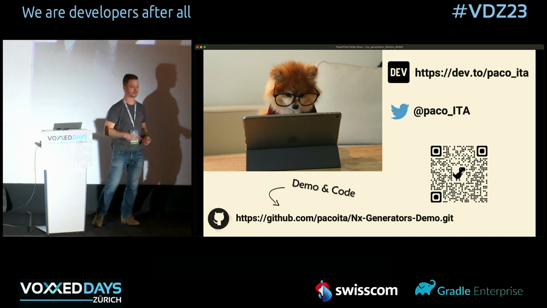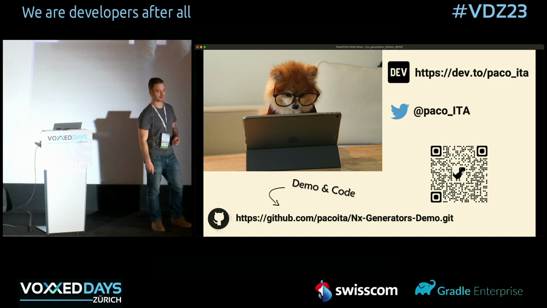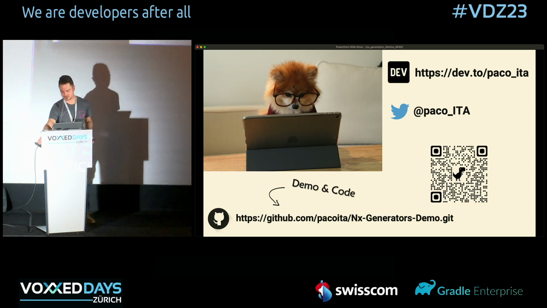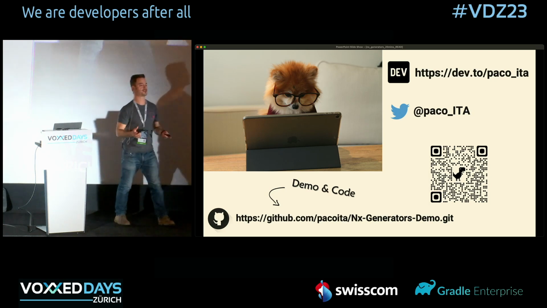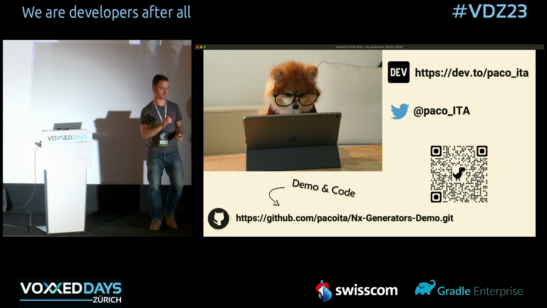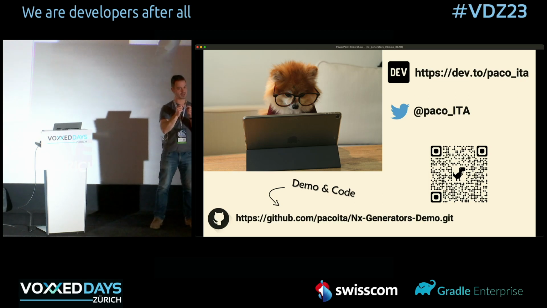Can I ask something? Sure. What generators are available? Only Angular so far? No. Well, generators are one possibility to create it, but it is abstract. It is not linked to a specific technology, and you can use different plugins that then bind specifically to React, Vue, and so on.